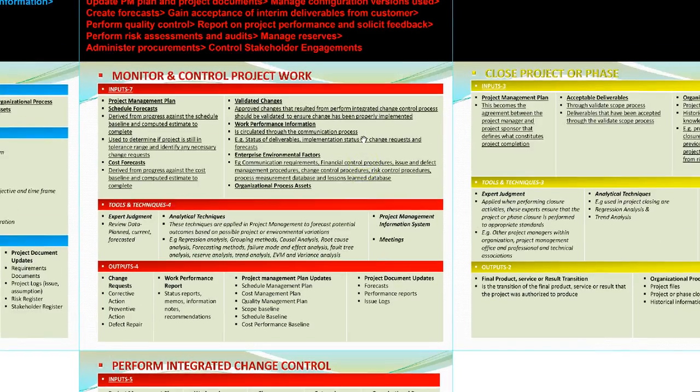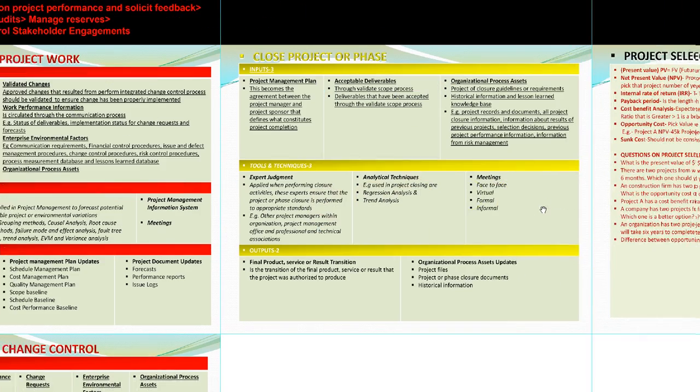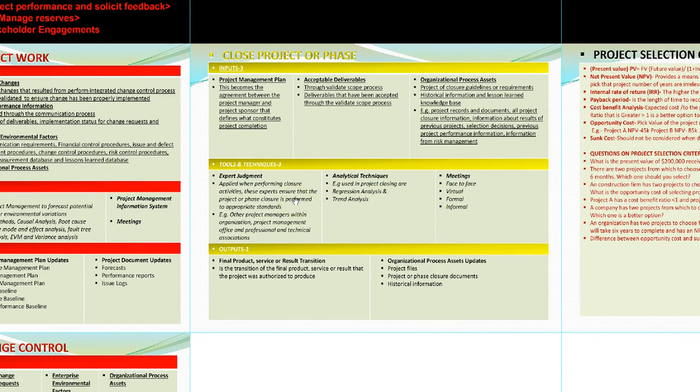And the last process that we have in the project integration management is the close project or phase. Now, as the name says, this means how are we going to close the project? What documents are we going to need to close the project? What inputs are we going to use for project closing? What outputs are we going to do while closing the project?